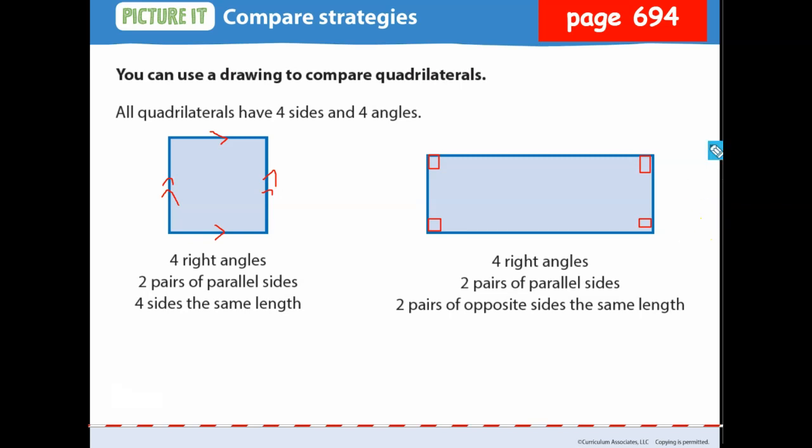The only difference is this: it only has 2 pairs of opposite sides of the same length. The bottom and top are the same, and the left and the right are the same length. Compared to a square, where all the sides are the same length.